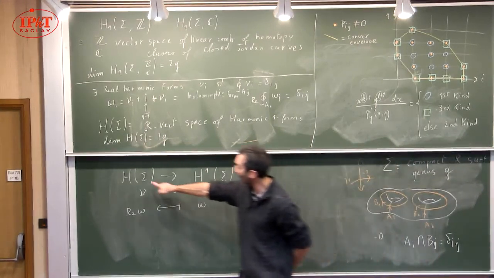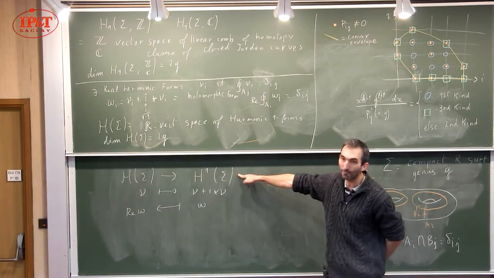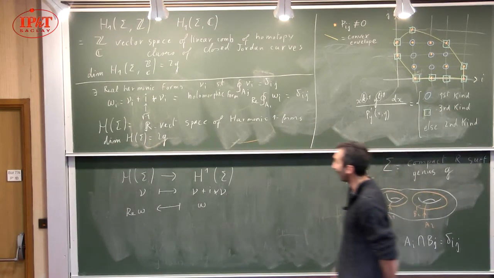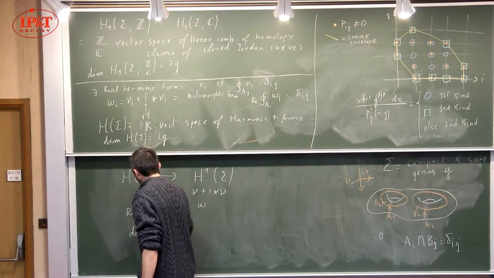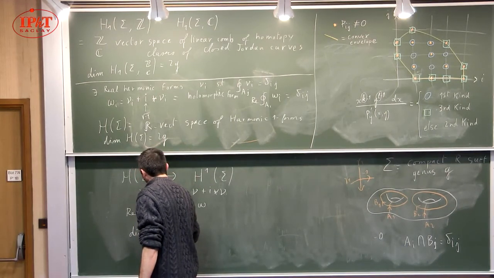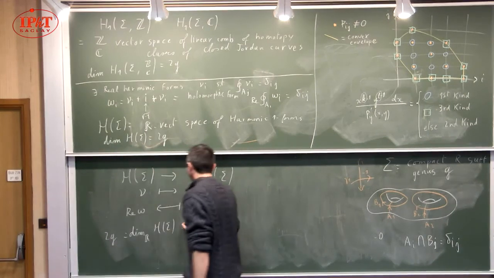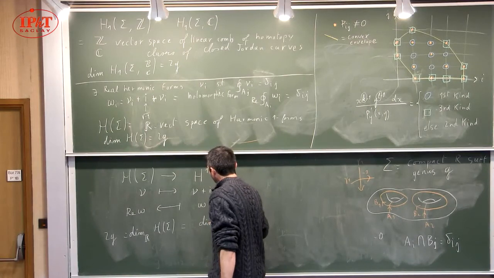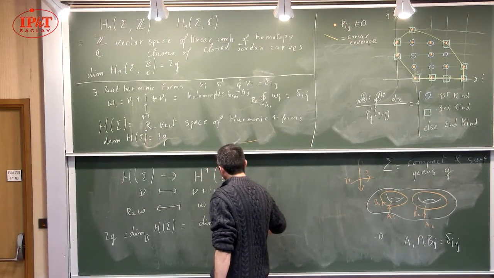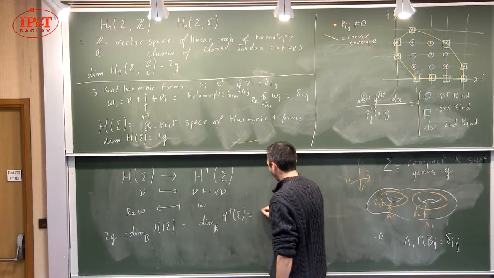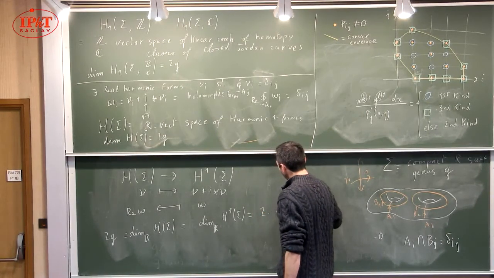But this is a real vector space, and we would like to consider H1 of sigma as a complex vector space, but a complex vector space is also a real vector space. So the dimension as a real vector space of H of sigma, which was 2G, is the dimension as a real vector space of H1 of sigma, which is twice the dimension as a complex vector space of H1 of sigma.